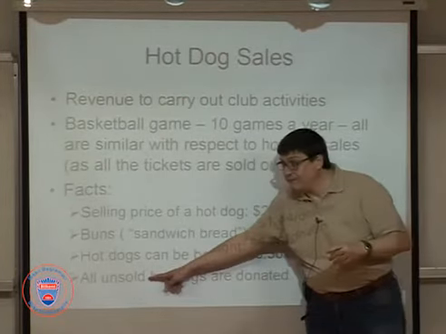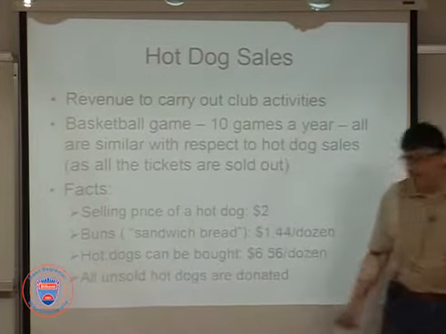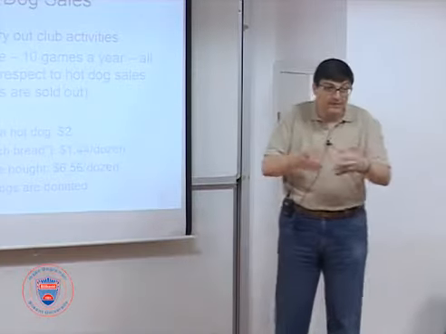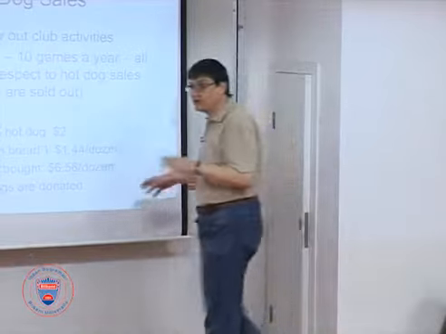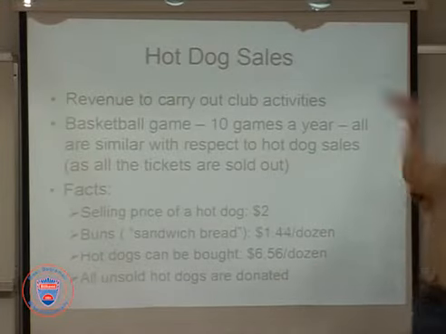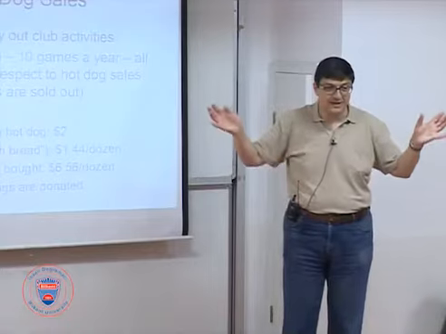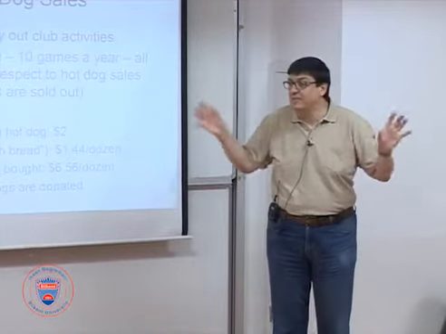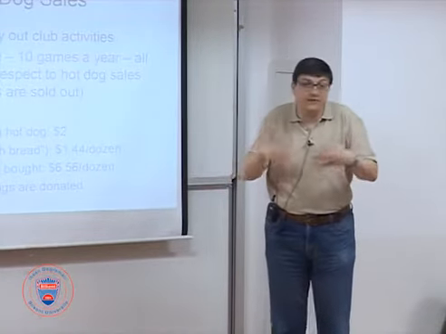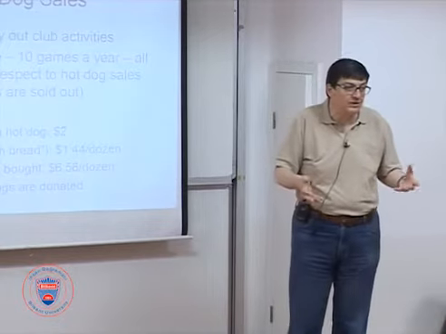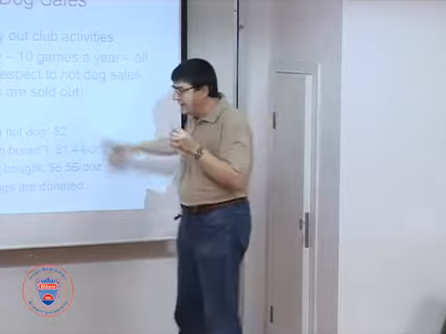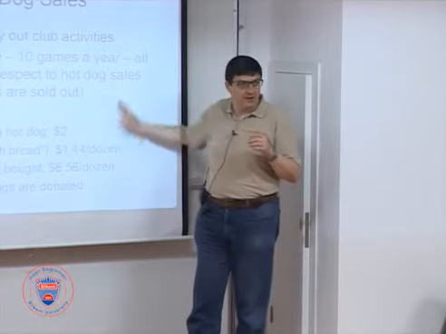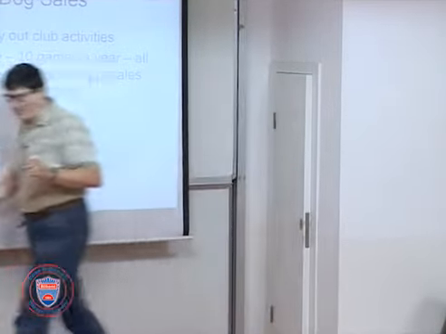You might have some buns and hot dogs prepared, but unsold. So the only thing that you can do in this problem environment is to donate them to a place. So you are not going to get any money out of that. Now, if you cannot donate, then you have to throw them away because they are not going to be good for the next day. Okay. Any problems with this explanation? Okay.